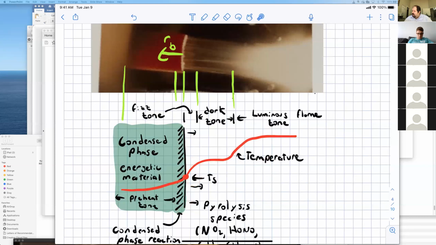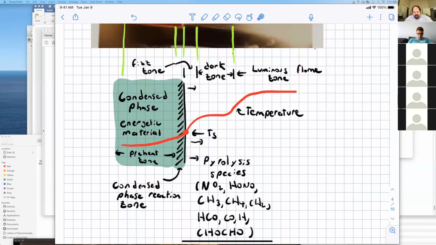But after a long period of time, they will eventually burn and produce the luminous flame zone. Okay, and so we will be discussing the pyrolysis species and then developing a small phenomenological model of propellant combustion that will neglect the dark zone. So that is all I have for today.